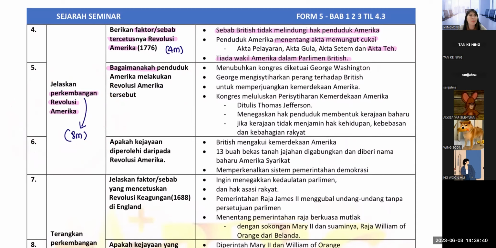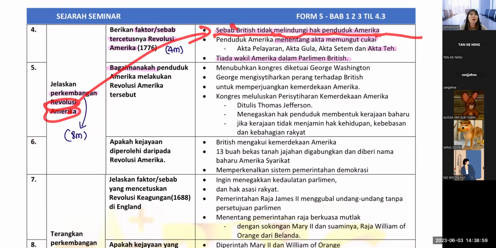Teacher, if they ask perkembangan revolusi Amerika in essay question, how to link the sentence? Oh, easy lah. Perkembangan mah. Then you can say, revolusi Amerika tercetus disebabkan British tidak melindungi hak penduduk Amerika.